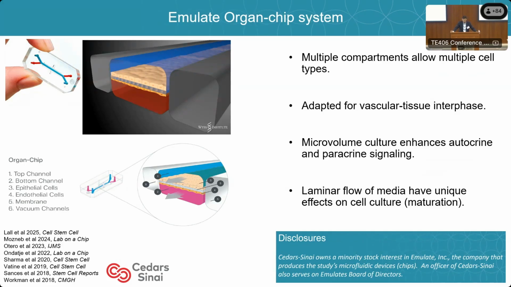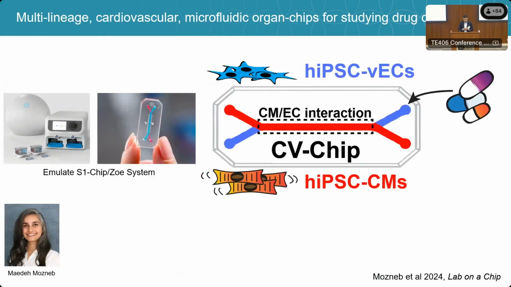It's a powerful system in part because it's an active biomechanical system that's able to be stimulated biomechanically, which allows us to actually mature iPS-derived cells pretty effectively by active flow of media or biomechanical stretch on the system as well.